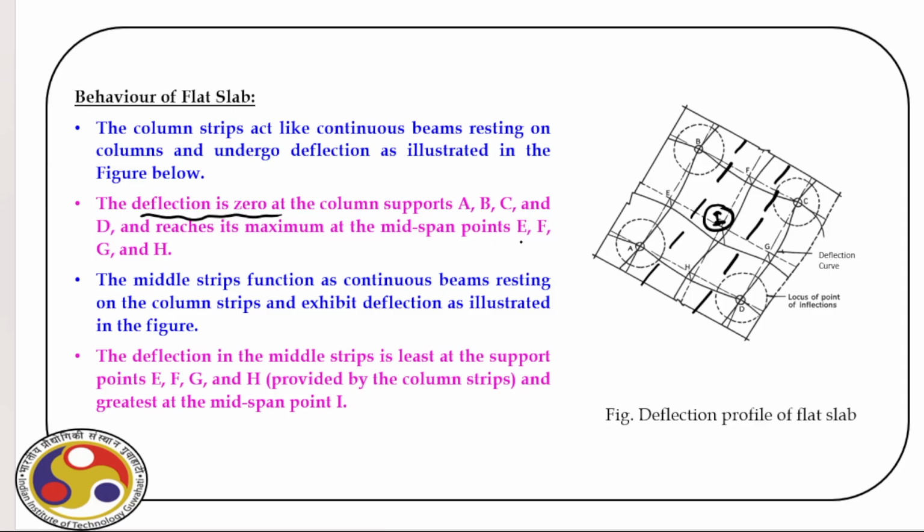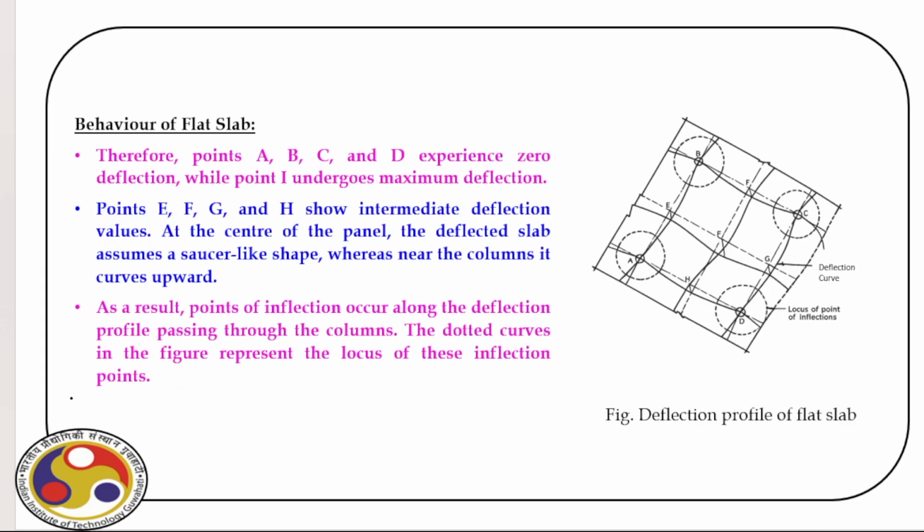Then we have at the midspan E, F, G, H, where we have maximum deflection. Out of that, the maximum will be at point I. And then we'll see how to design this against this maximum deformation and the hogging and sagging, right?